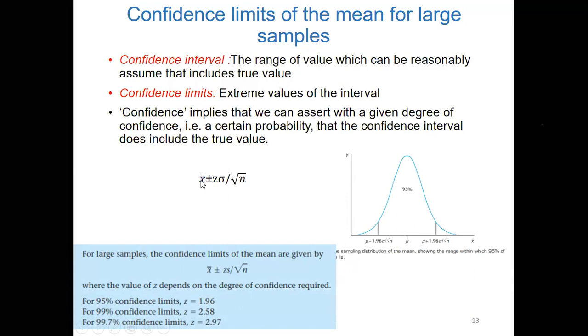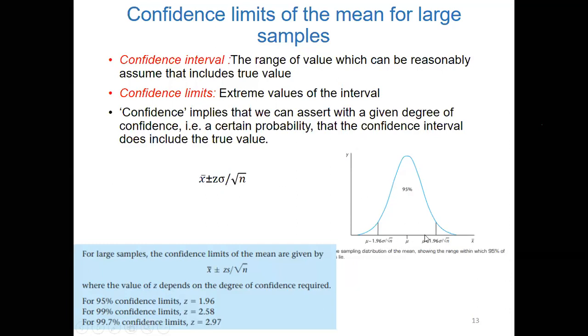Instead of this x bar, this should be mu, because this equation is for the population. I will correct this when I upload the slides. Please note that this should be changed to mu: mu plus or minus z sigma, the population standard deviation, divided by the square root of n.